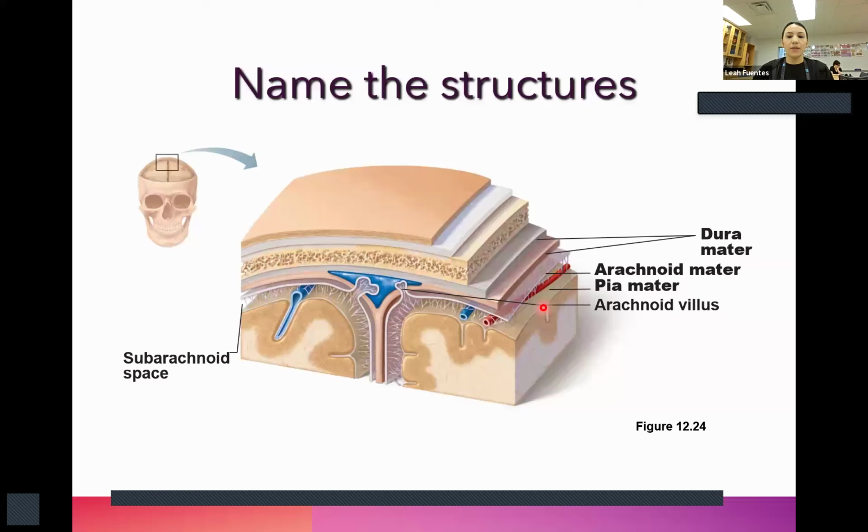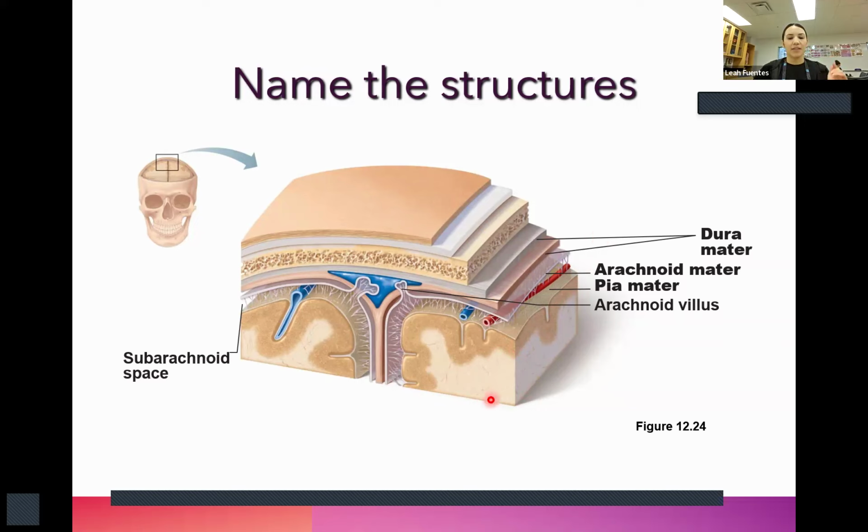And then underneath that, we have our thinnest layer, that's our pia mater. So the way to remember the order of it, because this portion down here would be your brain, remember brain, pad. So it's going to be your brain, pia, arachnoid, dura mater, and then your skull.